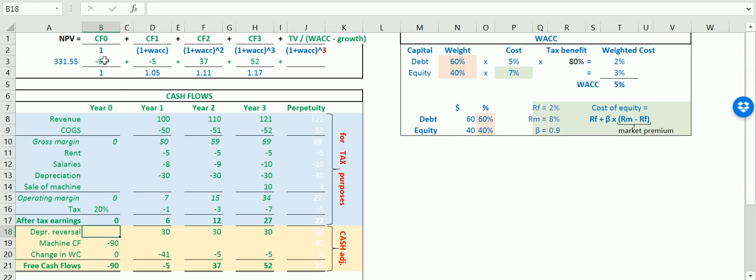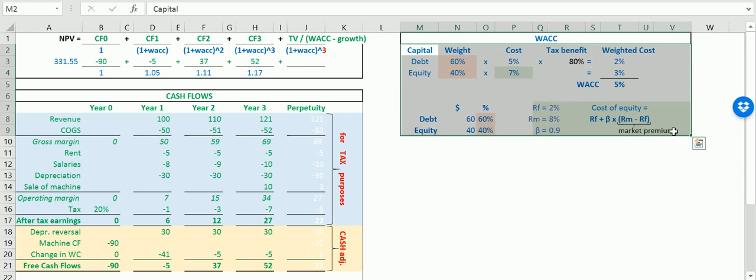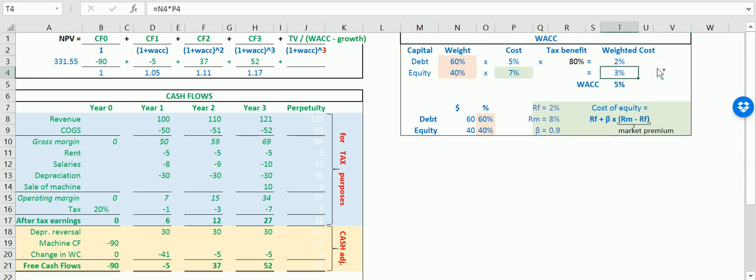So the free cash flows, those numbers, were discounted with the weighted average cost of capital that was calculated here. If you want to review how we did it, you can have a look at the previous video. Basically, what we saw in valuation in this last course was the second phase of discounted cash flow.